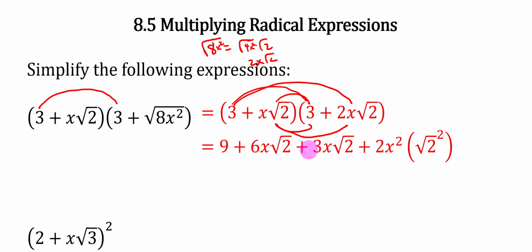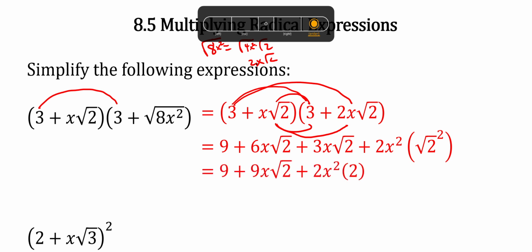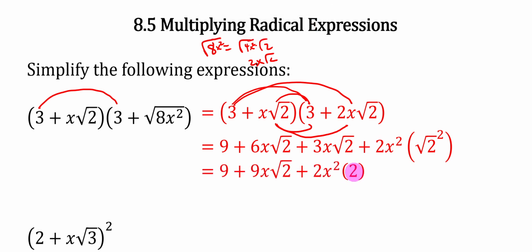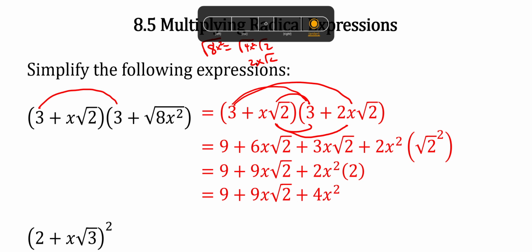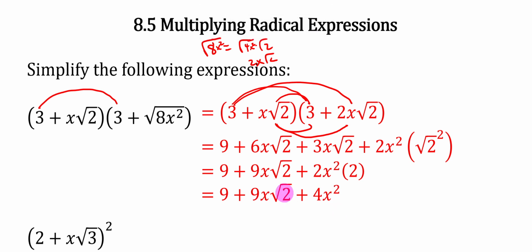So we can combine these two. We can turn this into 2. And now we need to multiply the 2 times 2 and get 4x squared. And there's nothing more I can do because they don't have the same radicals. I can't combine the 4x squared with the 9. We're done.